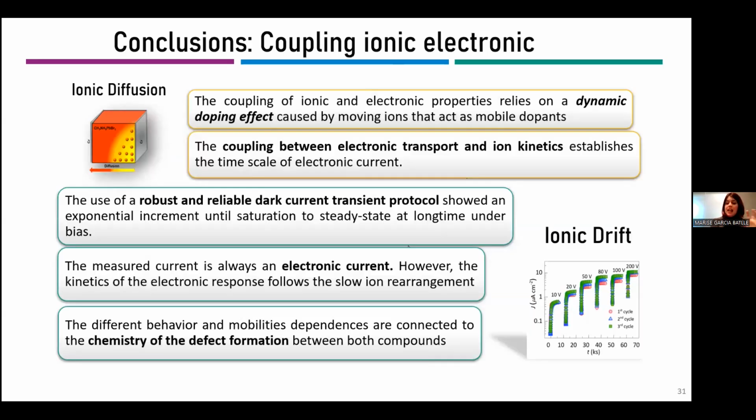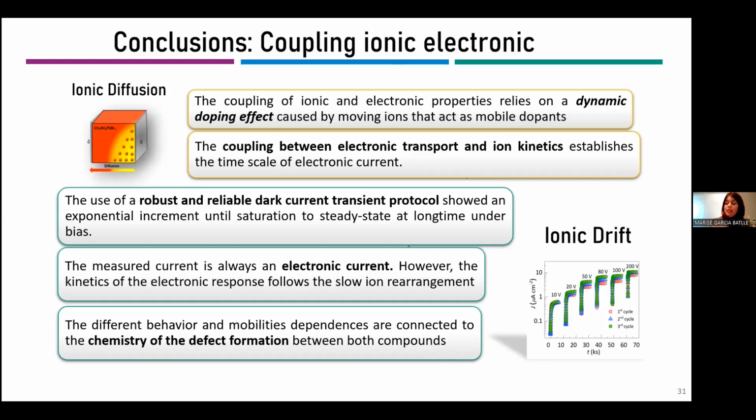From these ionic diffusion measurements, we can observe that there is a coupling, as I mentioned before, between the electronic properties of our device and the ionic properties. And this coupling relies on this ionic dynamic doping defect, which is caused by these mobile ions that act as mobile dopants.